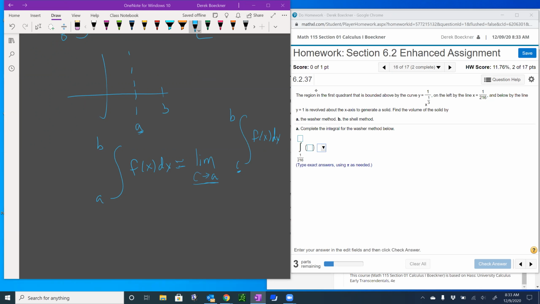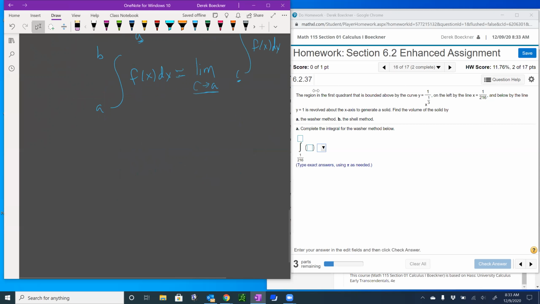Well, what would I put for that top of the integration thing? Oh, okay.